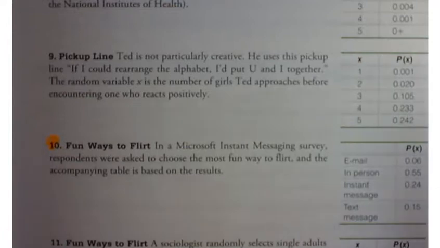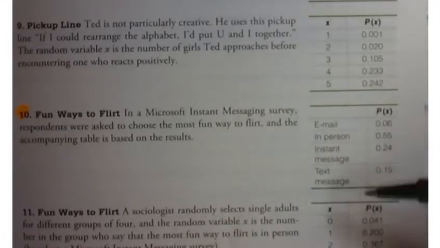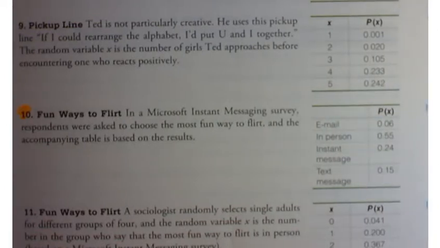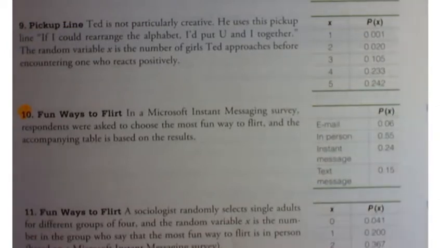This goes back to the Microsoft Instant Messaging survey about the best way to flirt. The author doesn't like this as a probability distribution because these aren't numbers, and we can't do the kinds of calculations that we would like to with this distribution because these aren't numbers. So let's turn our attention to something different then.